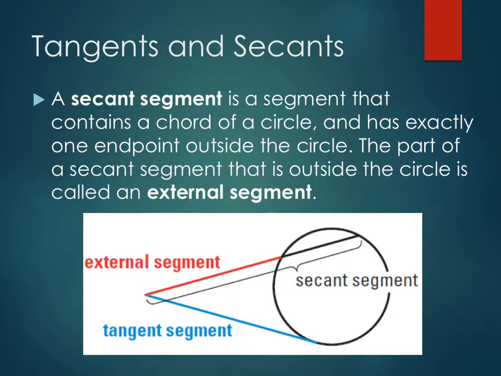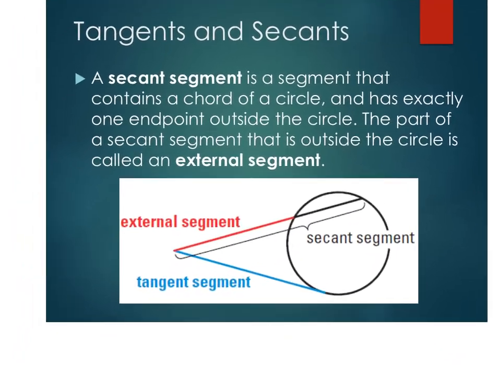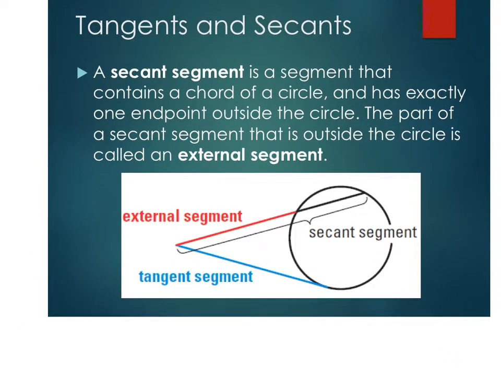Now we're going to see tangents and secants. A secant segment is a segment that contains a chord of a circle and has exactly one endpoint outside the circle. The part of a secant segment that is outside the circle is called an external segment.